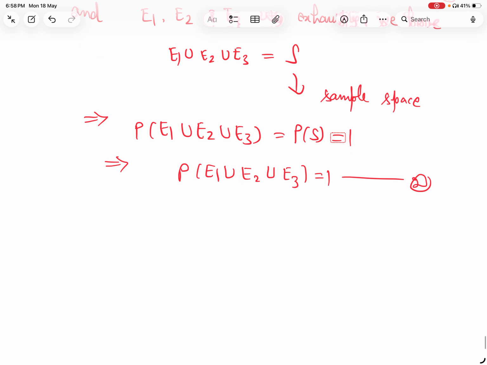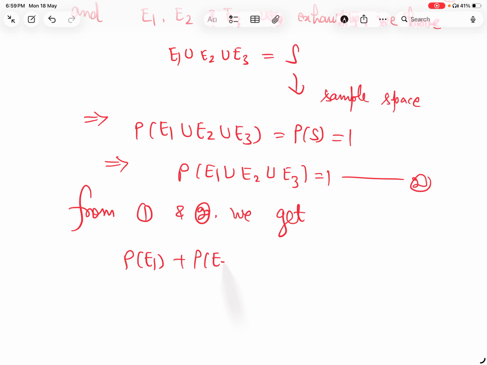So from 1 and 2, we get probability of E1 plus probability of E2 plus probability of E3 is equal to 1. So what is E1?